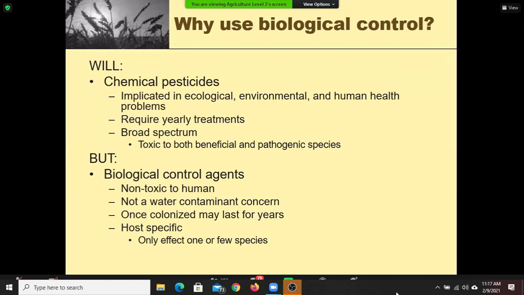And biological control agents are host specific. They have effect only on one or a few species of plant or microorganism. On the other hand, the chemical pesticides are toxic to beneficial organisms, and they are broad spectrum. They kill both beneficial and harmful microorganisms.